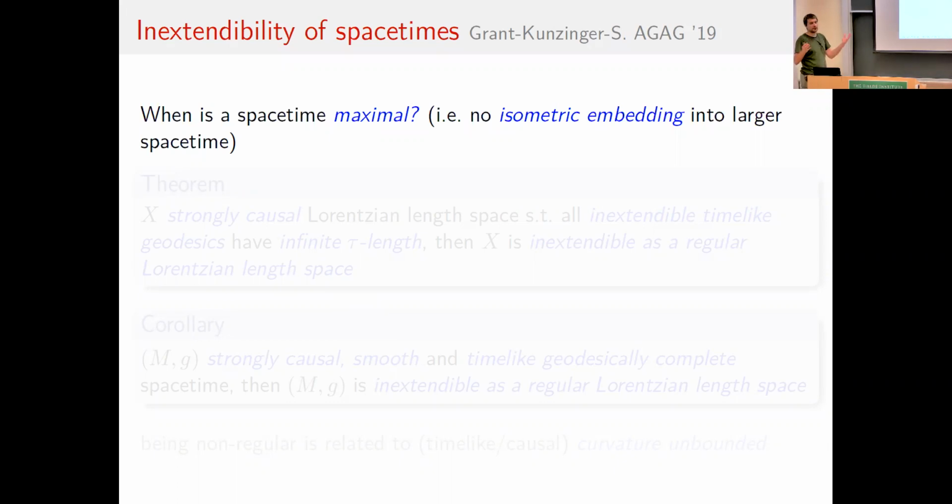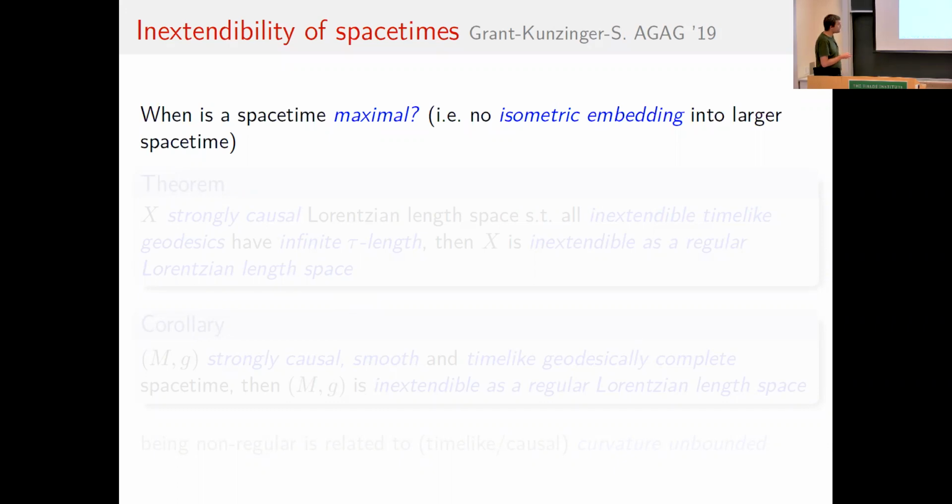But if you take just Minkowski space, delete a point, then there is an incomplete geodesic. So it's singular in that sense, even though it's not really singular. And it's not singular in another sense, meaning that it's not maximal, because you just add the point again, so you embed it into the larger one properly, isometrically.